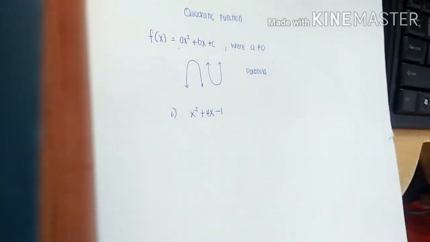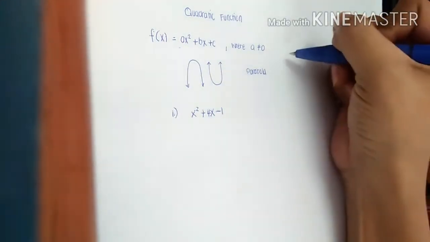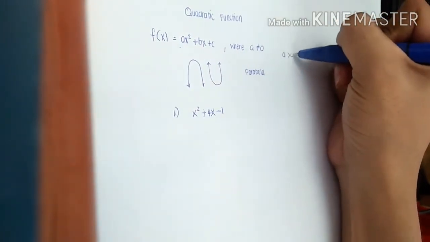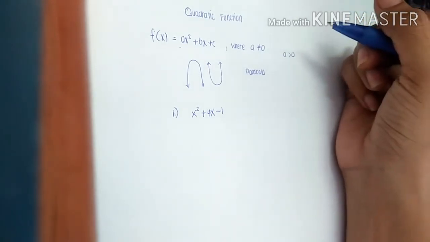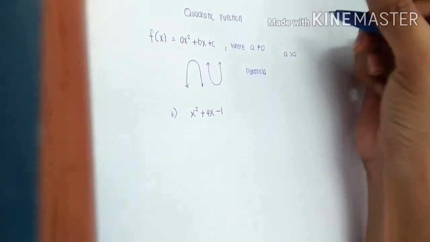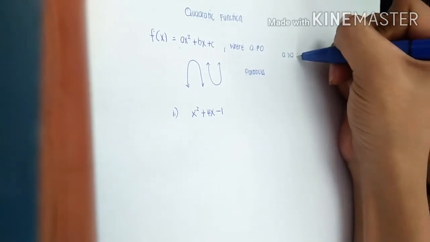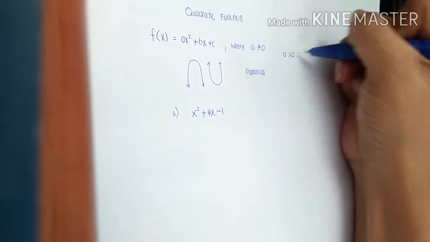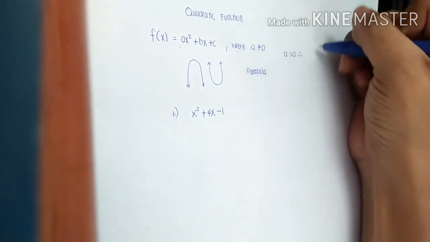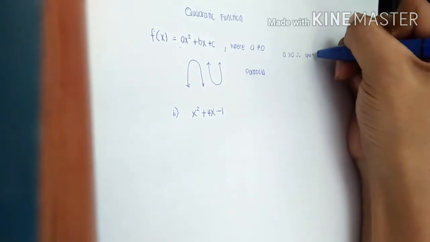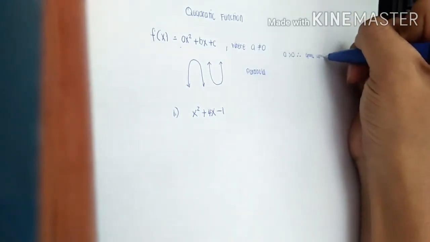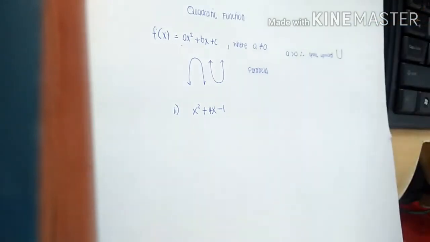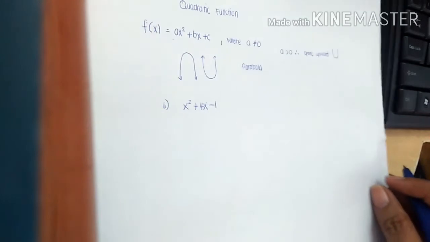If a is greater than 0, therefore the parabola opens upward.